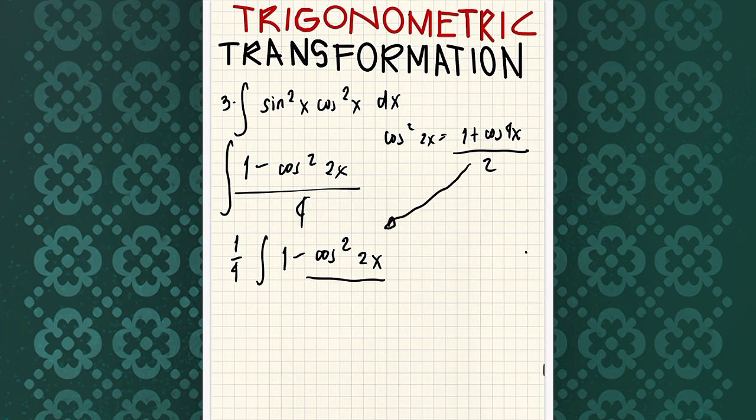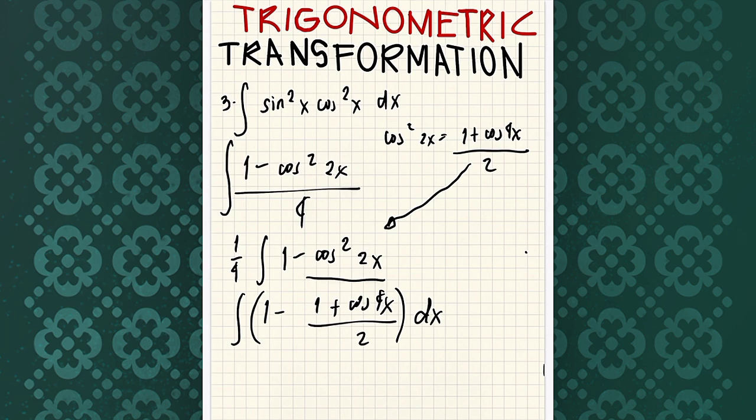This will become 1 minus 1 plus cos 4x over 2, dx. Simplify the inside of the integral.